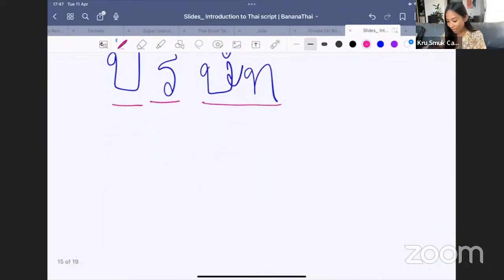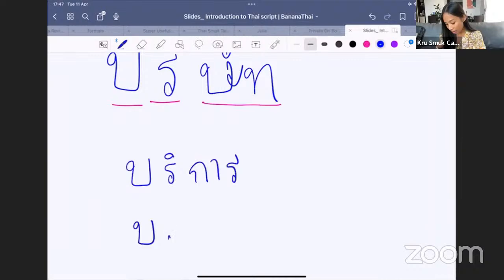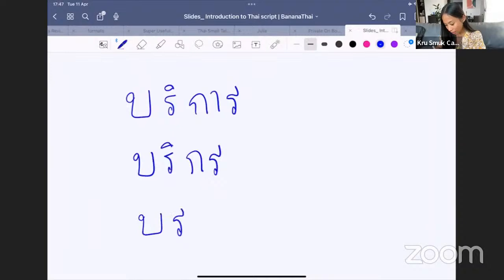For example, bari means many, as in barikan, barikon. And what about borom? Bari, borom. As you can see, Bor Baimai and Ror Ruea is not a cluster.